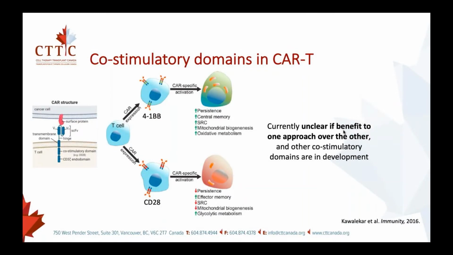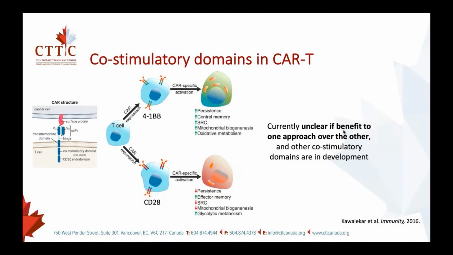So let's step a little back to the CAR structure itself. As you see, there are various different co-stimulatory domains that can be used. The 2 that are really furthest advanced in clinical testing are 4-1BB and CD28. Now, there is some thought that 4-1BB leads to a longer persistent state, a more central memory, really drives it towards oxidative metabolism, whereas the CD28 is a very strong stimulation, leading to more of an effector phenotype of these CAR T cells, and leads it down a glycolytic pathway.